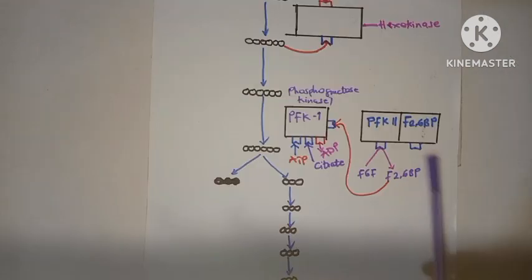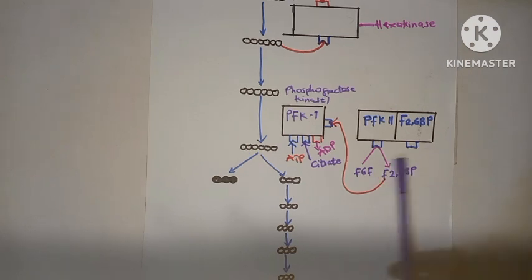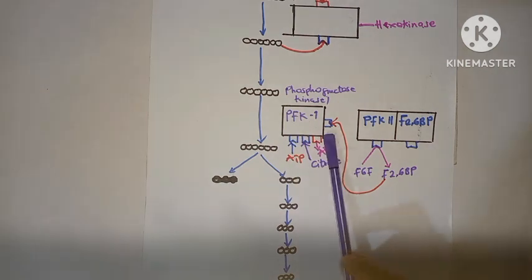Fructose 2,6 bisphosphate is the most powerful regulator of phosphofructose kinase 1.